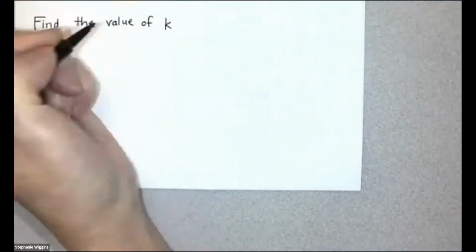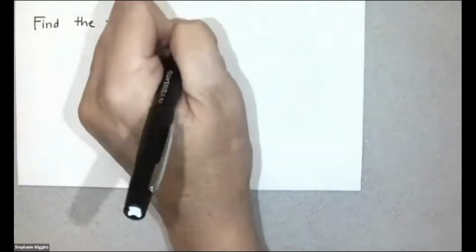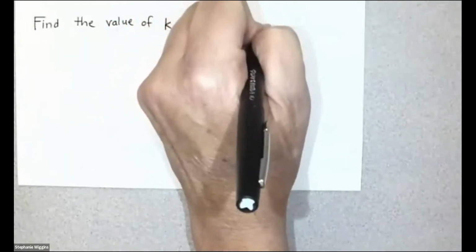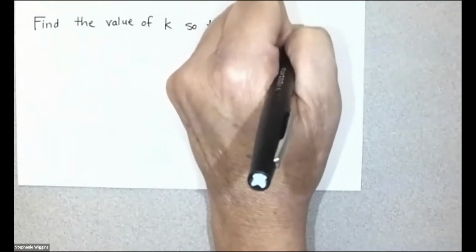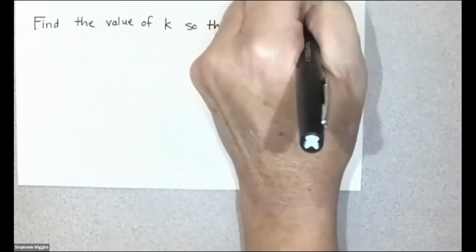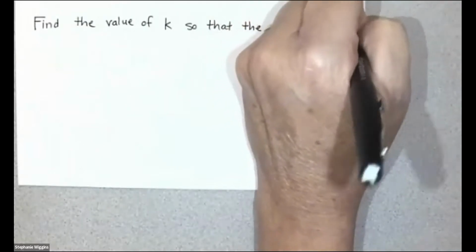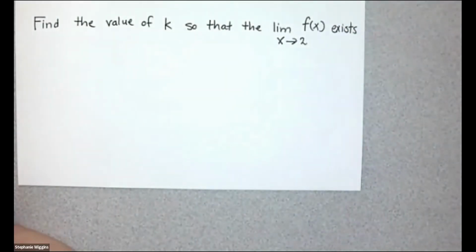Find the value of k so that the limit as x approaches 2 of f of x exists, okay?